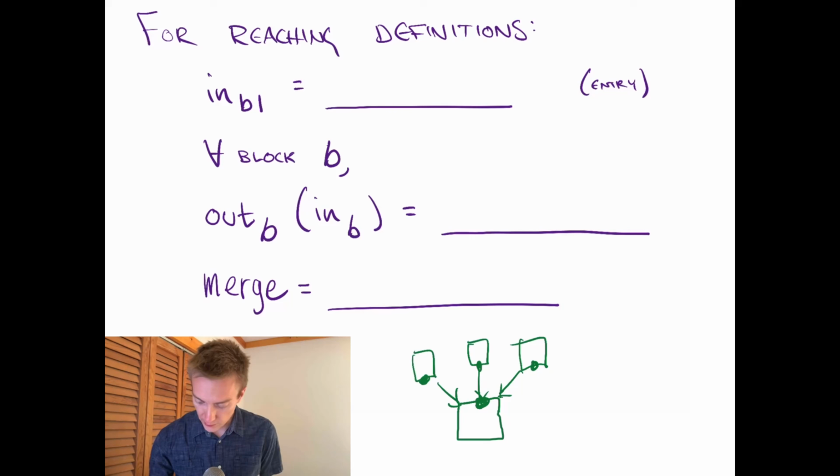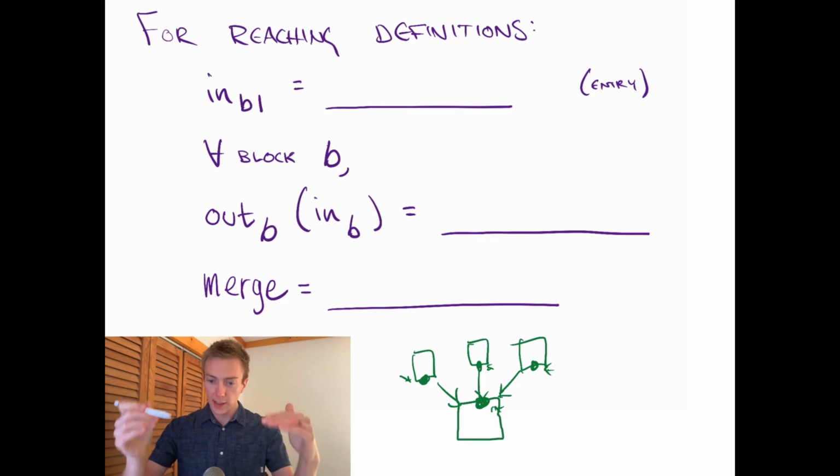For reaching definitions, these of course are all going to be sets of definitions, and we need a way to compute the set of reaching definitions at the entry to a basic block, given that we know the sets of reaching definitions at the end of all the predecessor blocks.